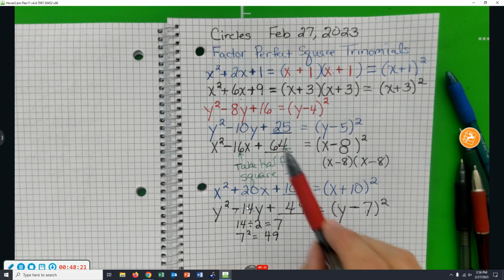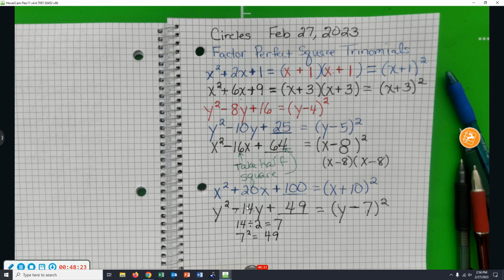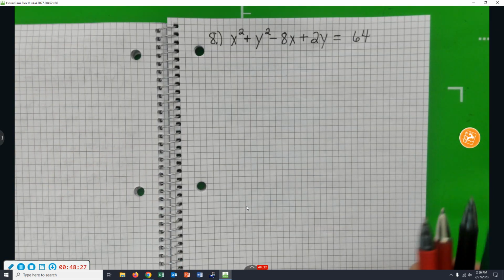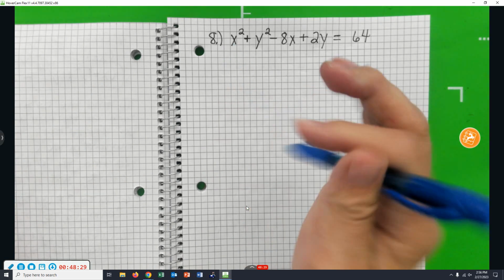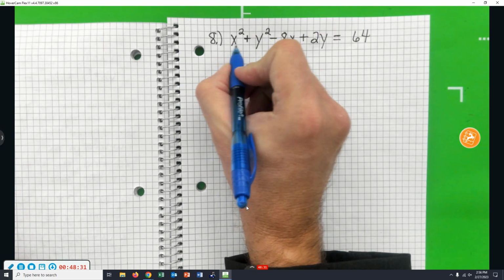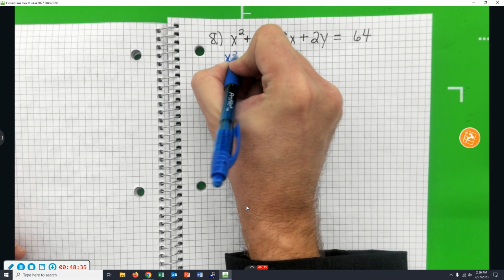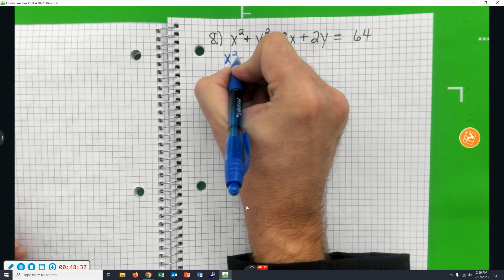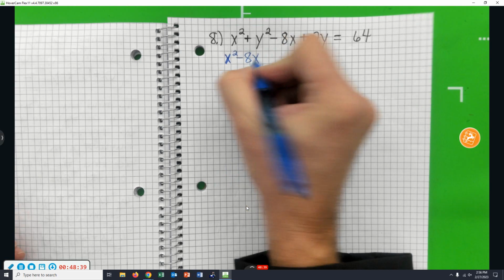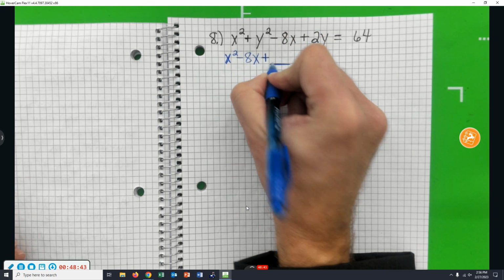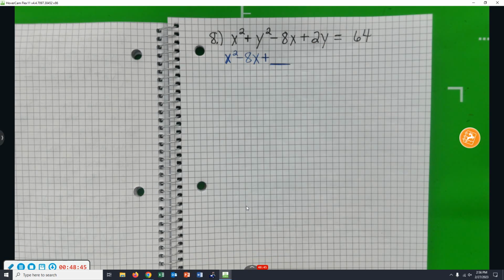We're going to introduce some perfect squares into the equation. I'm going to start it. You're going to start off by writing the problem, putting the x terms together. X squared, then a minus 8x, and then put a plus blank. You'll see why I'm saying put a plus blank in a moment.